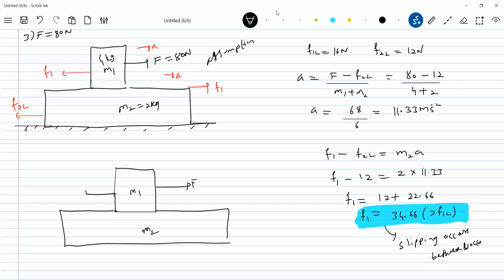Here, what will be the thing? In fact, limiting frictions will act. This will be F1L. Shall I put it in a simple way? Slipping occurs at all surfaces. And what will the blocks have? Blocks will have different accelerations. Then calculate them.